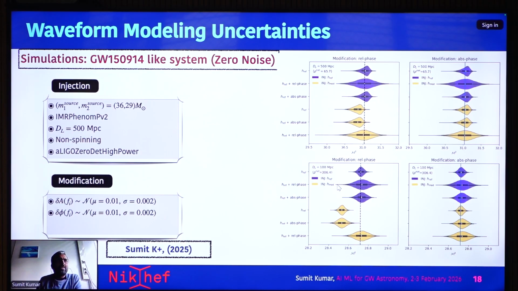The thing you should be looking for is the orange curve. Whenever we introduce errors in the model, there are biases in the chirp mass recovery, and the bottom plots for each of these curves are when we apply the relative phase corrections, or the correct correction, in the model.